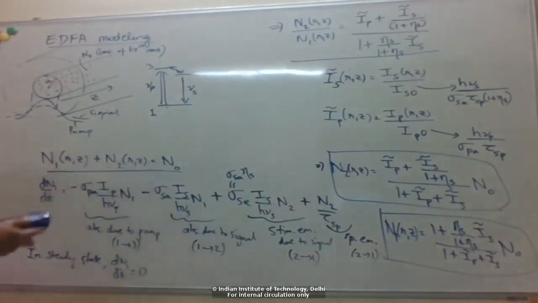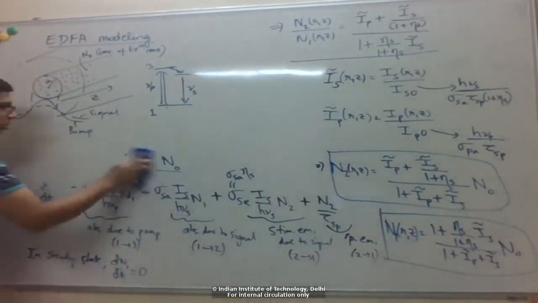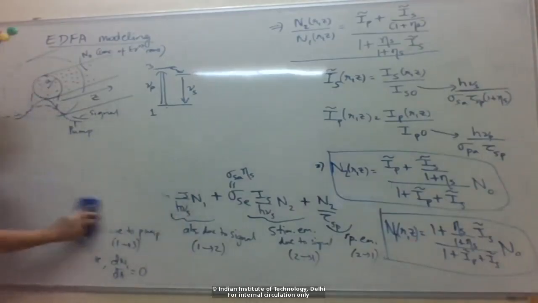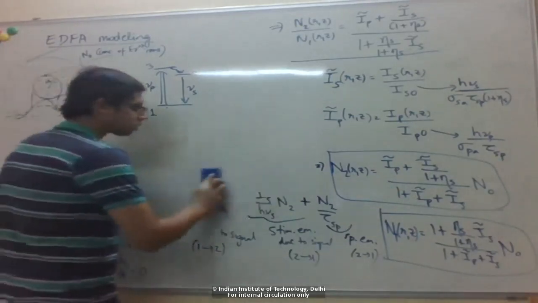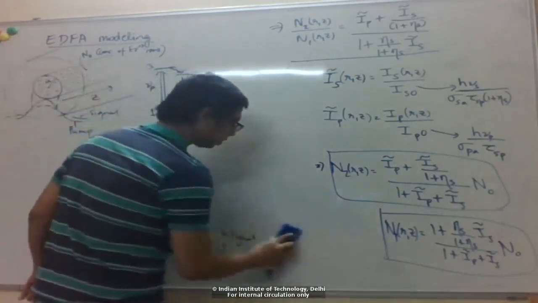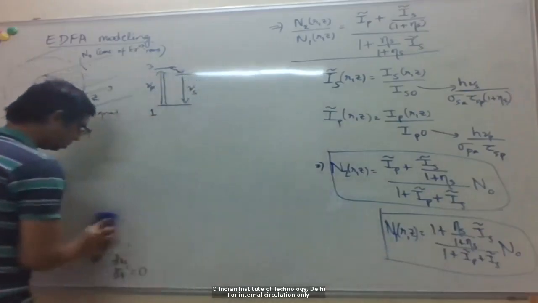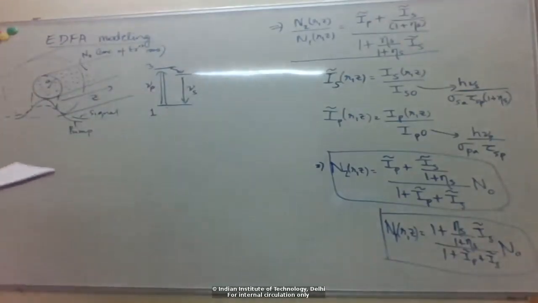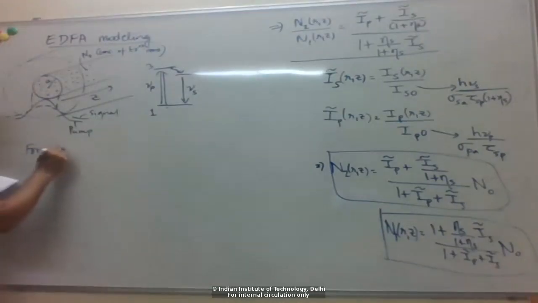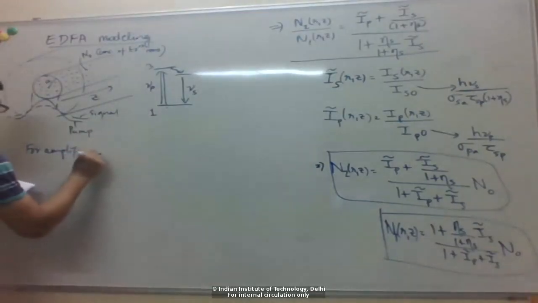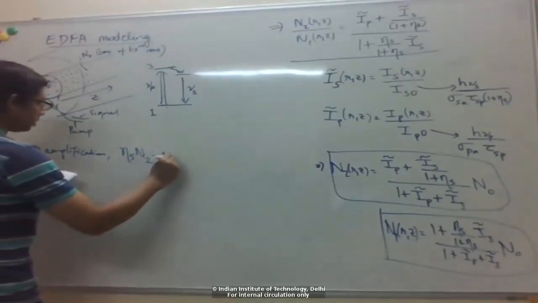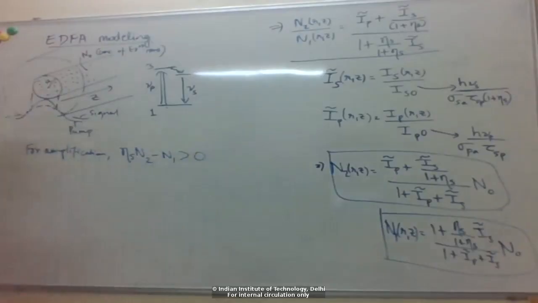So now for amplification, the condition for amplification was that theta times N2 minus N1 should be greater than 0, right?